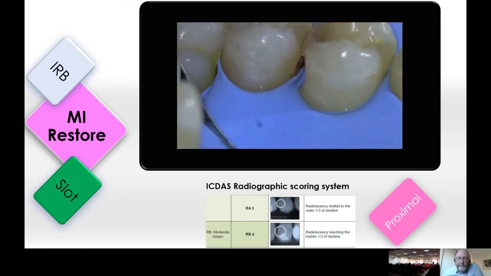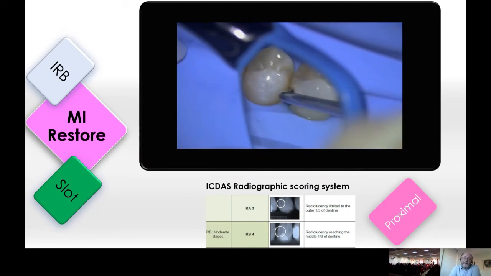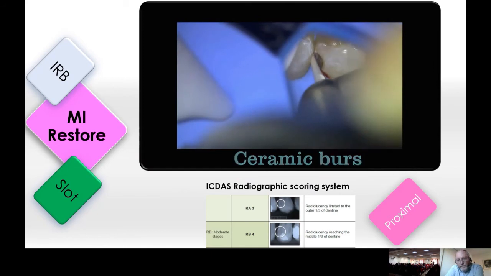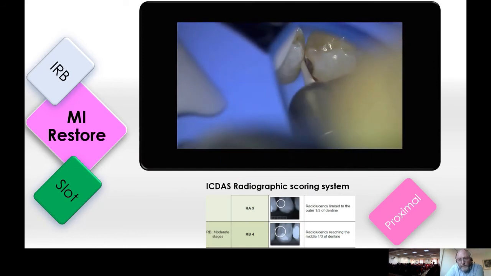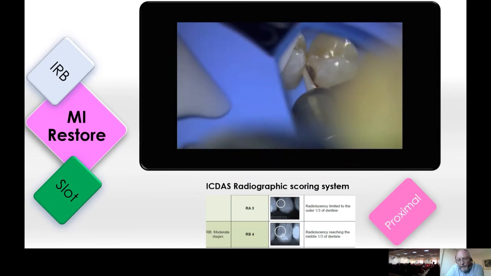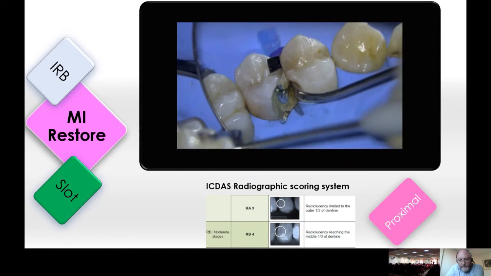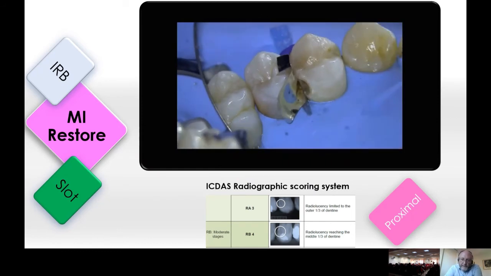And as we have made the first cavity, we can take advantage to treat the second point of entry. We use ceramic burs to gently remove the infected caries. We check the sealing of the metal matrix.